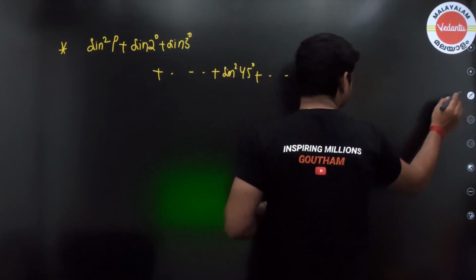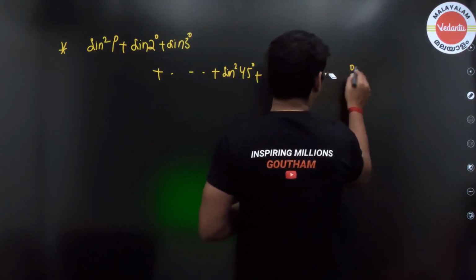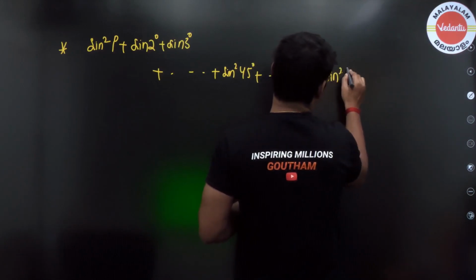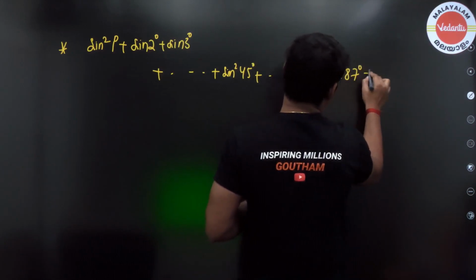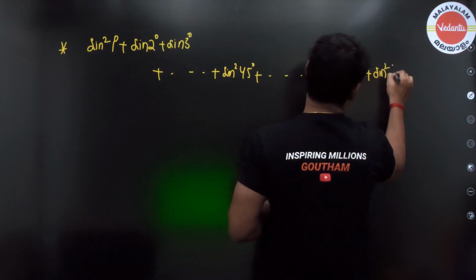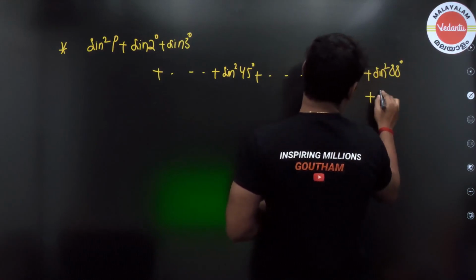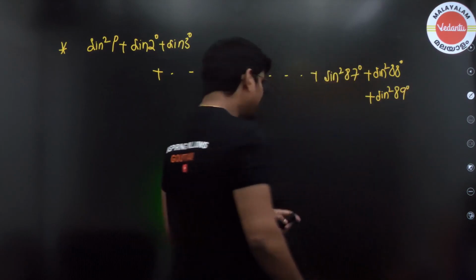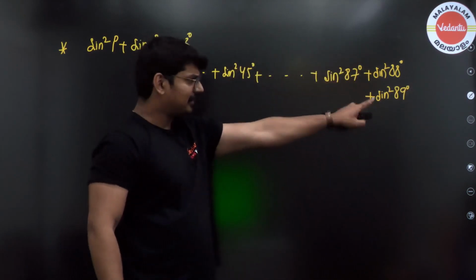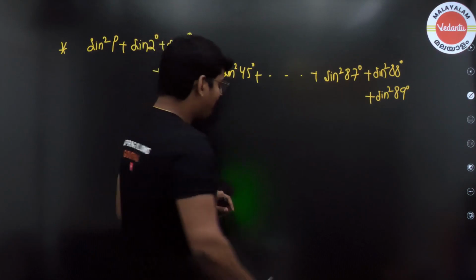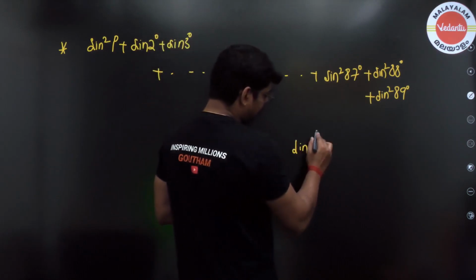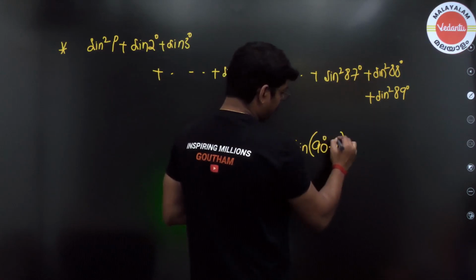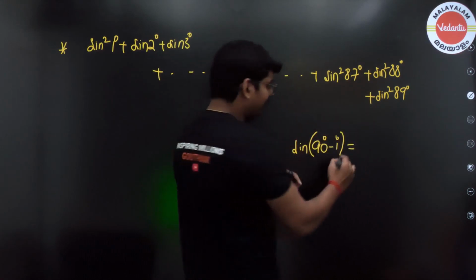Now observe this one, guys. Let me write down the last three at least: sine square 87, sine square 88, and sine square 89. Now this is pretty simple. Sine square 89 can be written as cos square 1, because you do know that sine 89 is simply sine of 90 minus 1, and this is nothing but sine of 90 minus theta, which is cos theta.